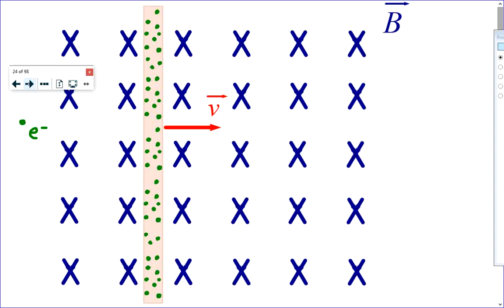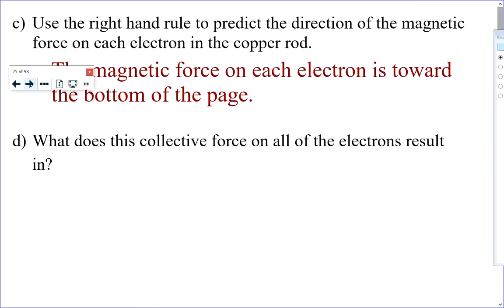On paper, the back of your hand is forced towards the bottom of the page. So the magnetic force on each electron is towards the bottom of the page, or towards the bottom of the rod.